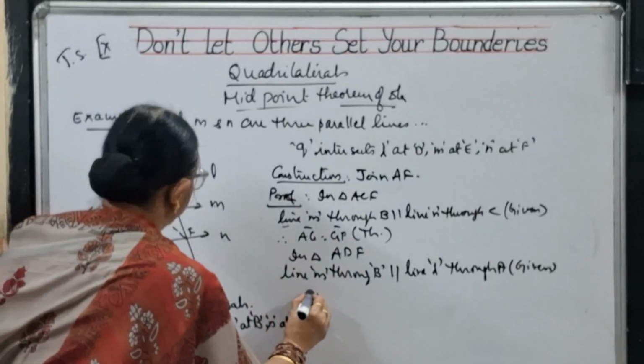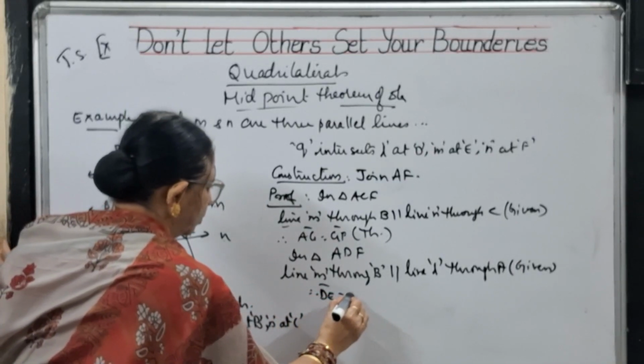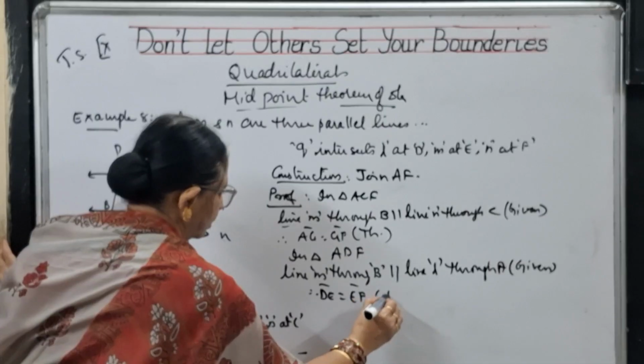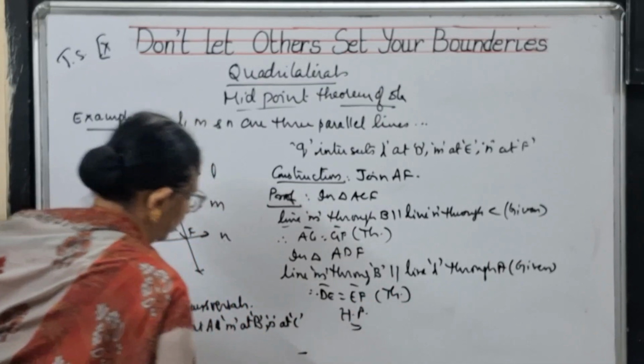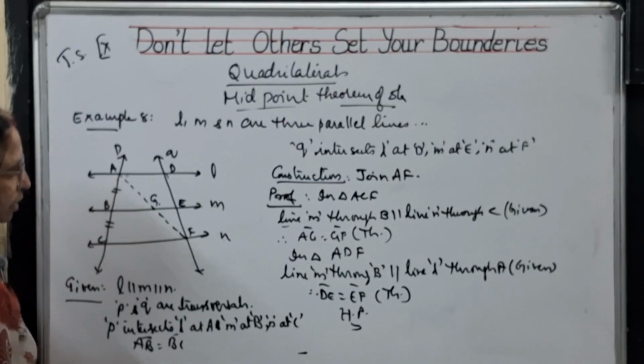So we can say that DE is equal to EF, based on the theorem we have learned. This is how we have proved that DE is equal to EF, children.